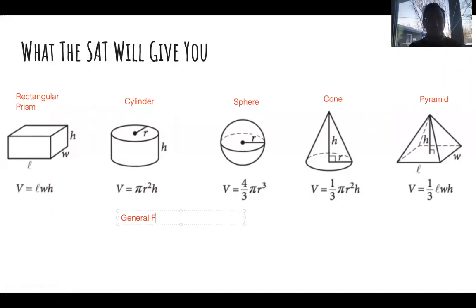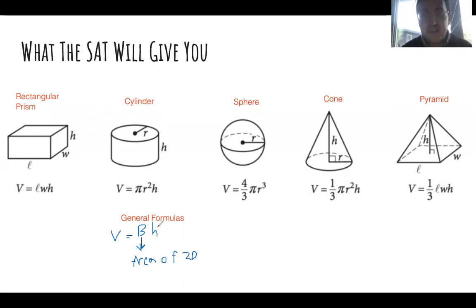The general formula for a prism is just capital B times H. This capital B gives you the area of the 2D shape, and the H is just how tall your 3D shape is, or the height of the 3D shape. And this is for your prism and more or less your cylinder as well.